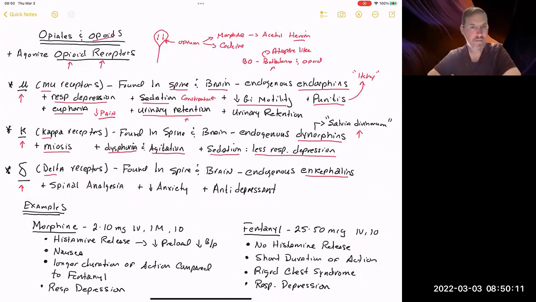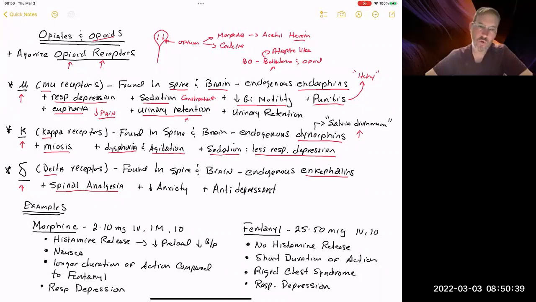And then finally we have delta receptors. When these are activated, particularly in the spine, they signal analgesia. And so sometimes when we place an epidural, say, right, we place a catheter into the epidural space, we will sometimes inject an opioid into the epidural space around the spine, around the spinal cord.